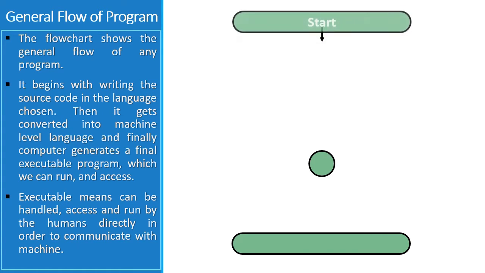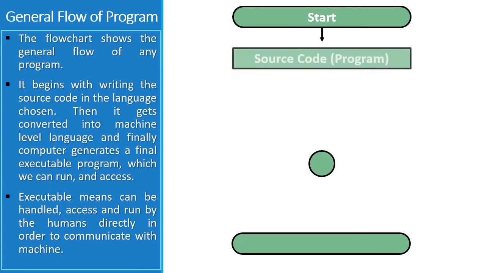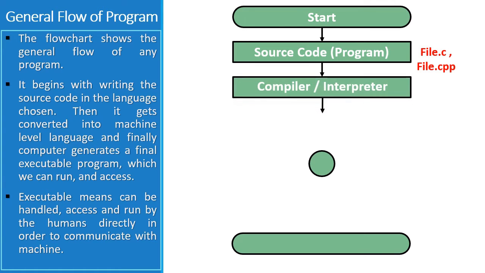Let's begin with the start. The first step after that will be writing a nice C or C++ program, which is called the source code in technical language. At this point, the file generated by the programmer will be file.c. Then we feed this source code to the compiler or interpreter, which will convert it to lower machine language.